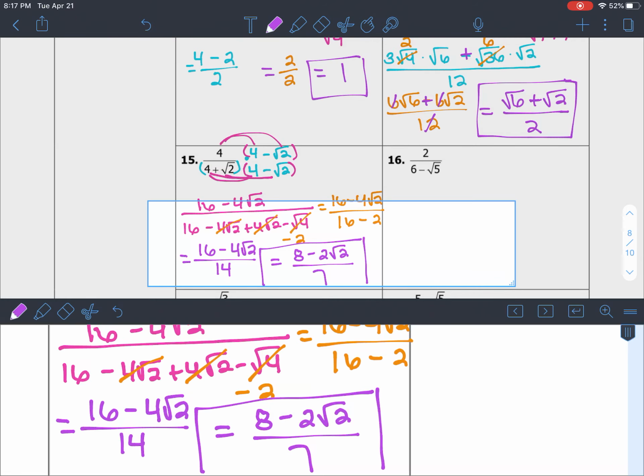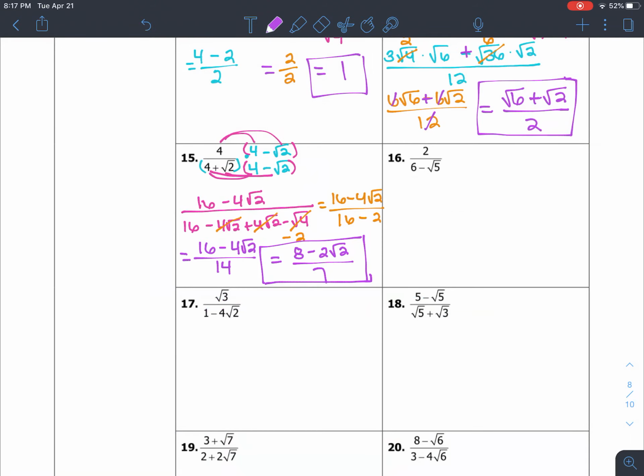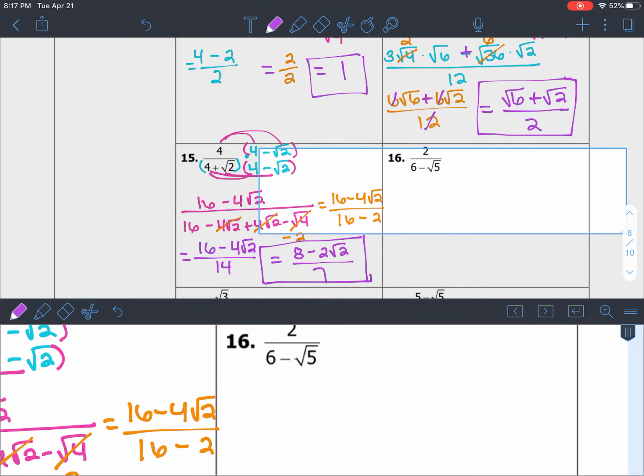And I'll end up with 8 minus 2 the square root of 2 all over 7. So this seems like a lot, but it's just a little bit more work. You have to do a little bit more multiplication. And the more that you do it, the more you're going to see the pattern that comes along when you do it.